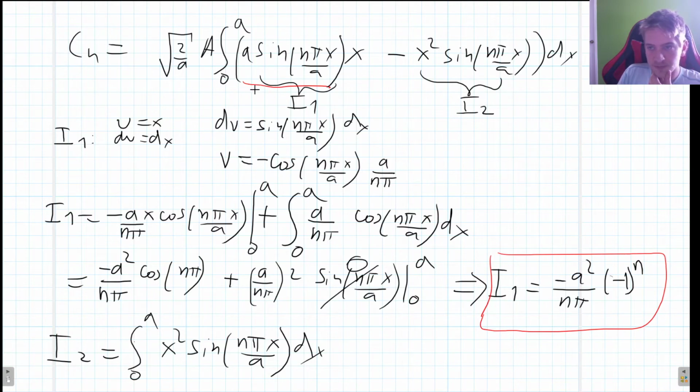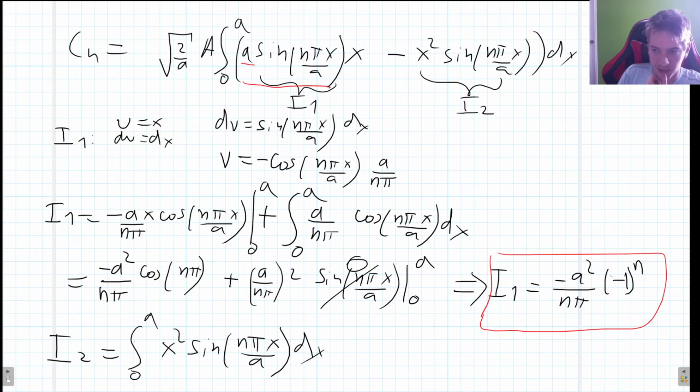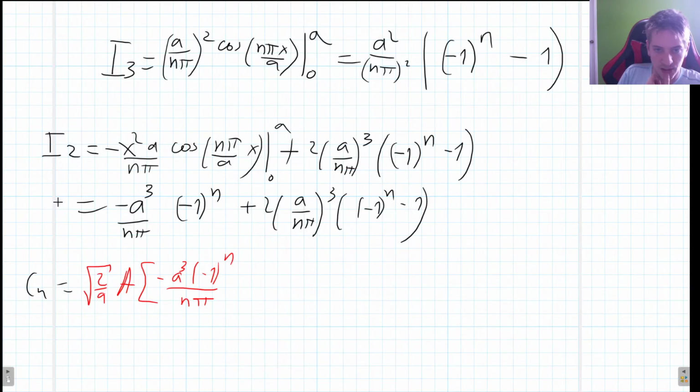There it is. Yeah. So the first integral, we did not take this a into consideration, so we have to multiply it by a. And this is the result right here. So we get minus a cubed minus small a cubed times minus 1 to the n divided by n pi. That is from I1. Just gonna double check. Yes, that's it. And now we put in the result from I3, which is right here.